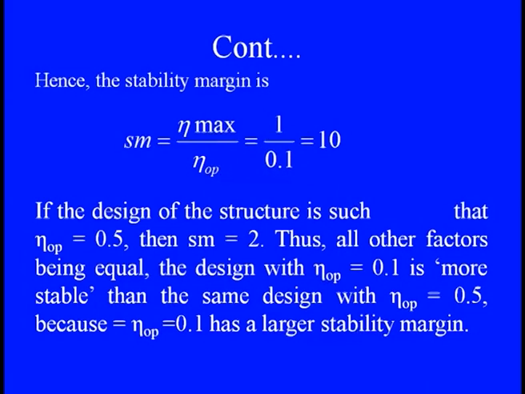So we can say that, for all else being equal in this particular design, the design with optimum neta 0.1 is more stable than the same design with neta optimum 0.5, because with neta optimum 0.1 the stability margin is 10, as compared to the stability margin of 2 with 0.5.